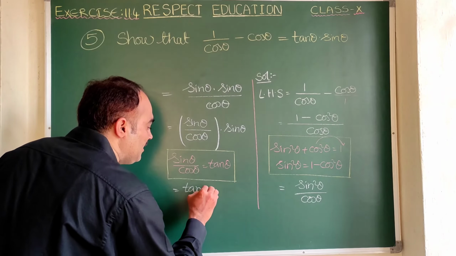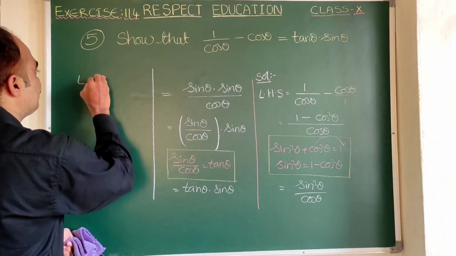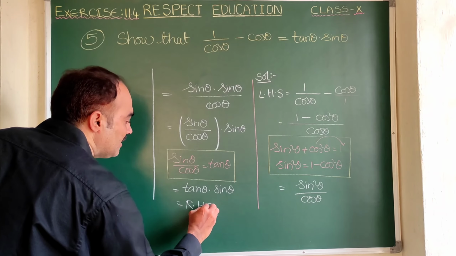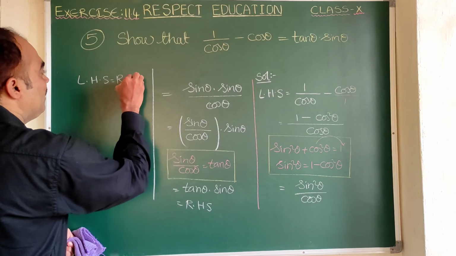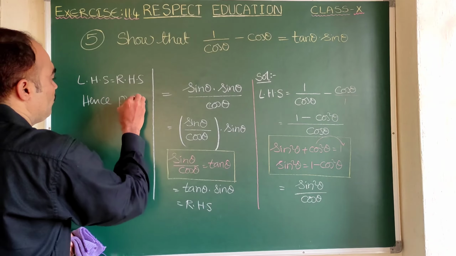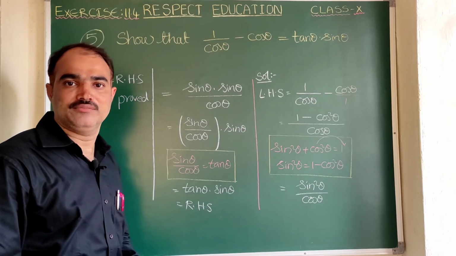Tan theta into sin theta. Here what we got? Tan theta into sin theta. Therefore when we consider LHS, we have got RHS. Therefore LHS is equal to RHS. So here we can write hence proved. With this, problem number 5 gets completed.